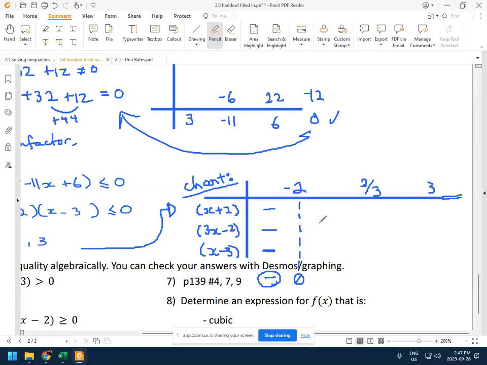Any number between negative 2 and 2/3, the easiest number would be 0. 0 plus 2, plus 0 minus 2, minus 0 minus 3. So that would be plus, dot, dot, dot, 0. And then a number between 2/3 and 3, the easiest one I'd say is a 1. 1 plus 2. 3 times 1 minus 2, plus 1 minus 3.